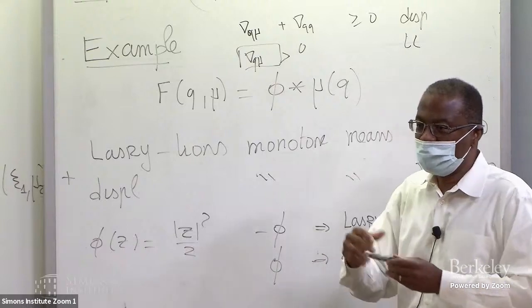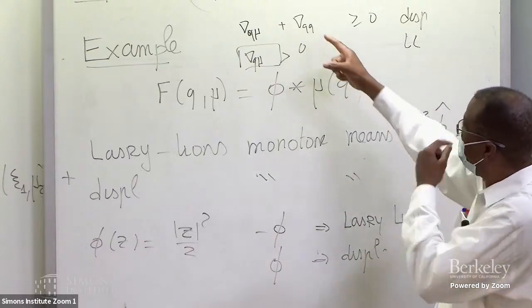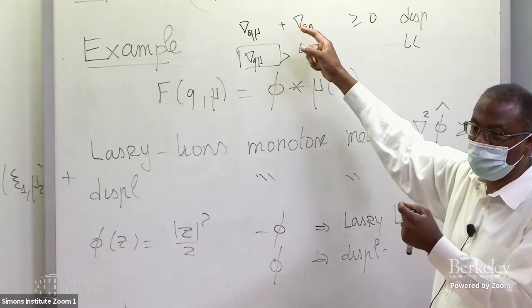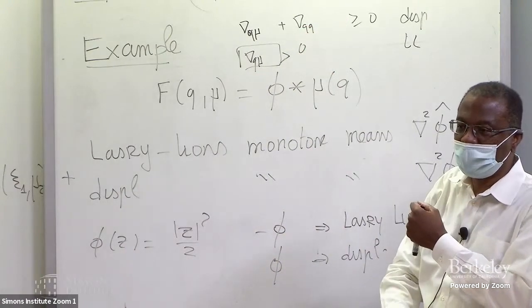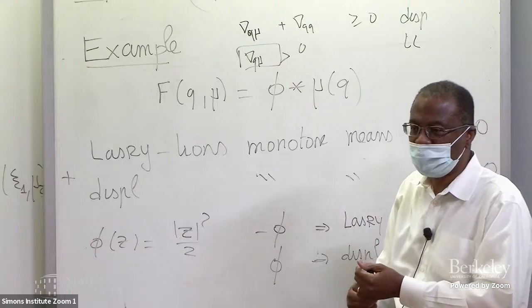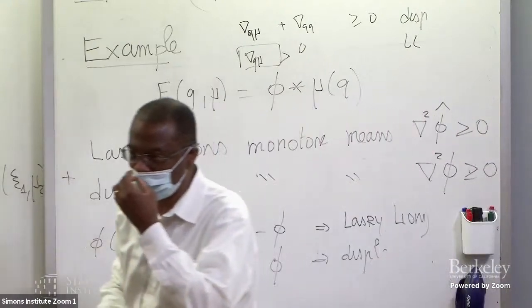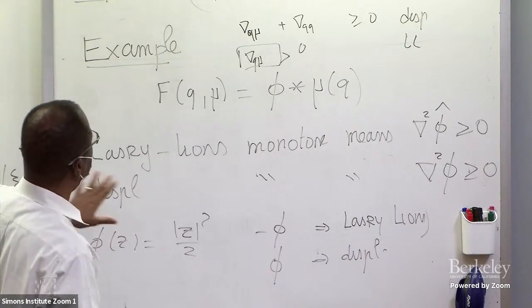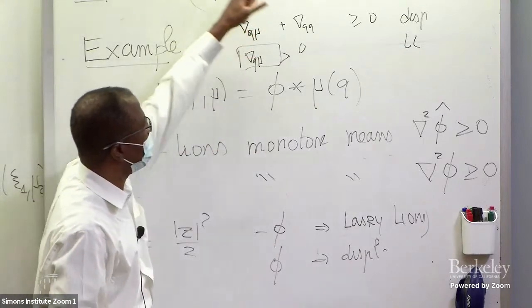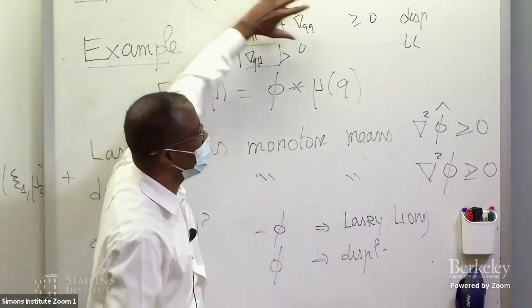So if I want to give you a counterexample, I play with this. I take a function depending on q. I can drive a value up or down to create displacement monotonicity or destroy Lasry-Lions monotonicity. So when you write the second order expansion of this, you see that this is what appears.